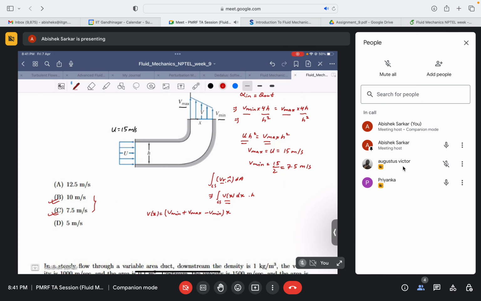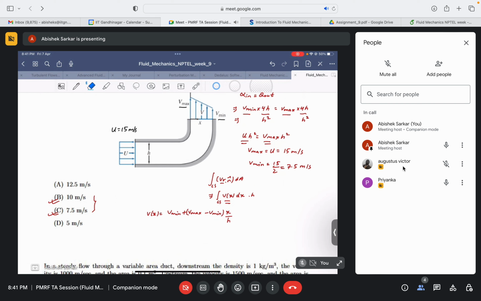V max minus V minimum, whole bracket, X by H. This one, right? Yes, sir.